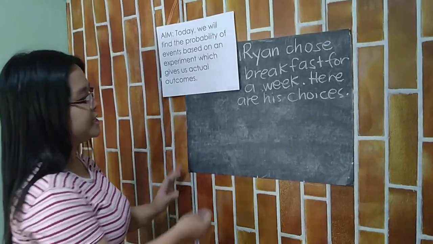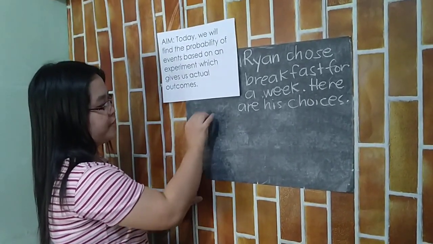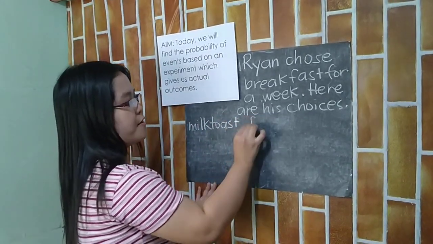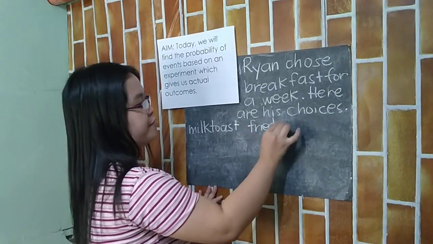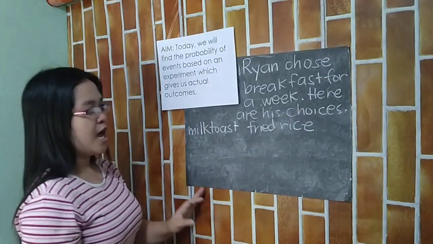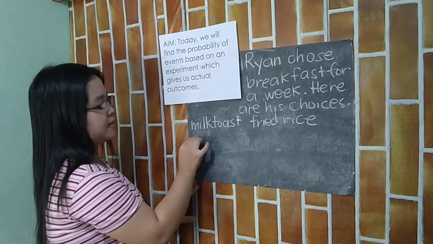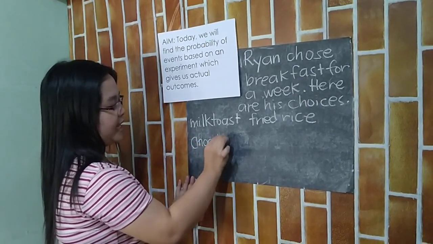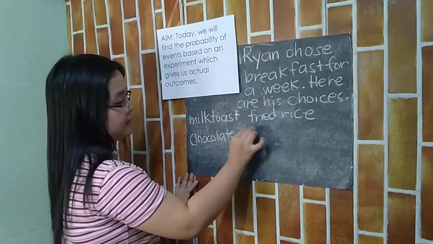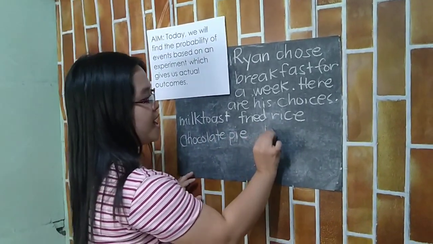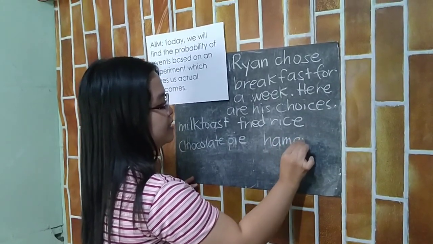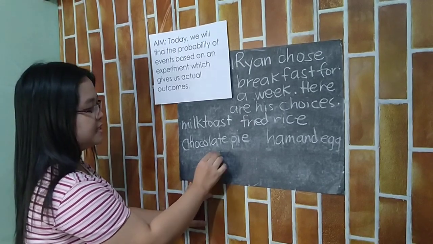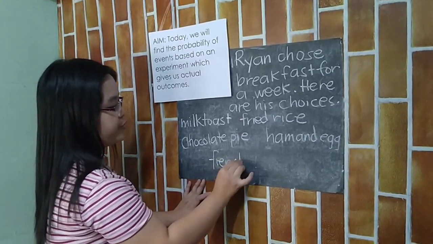So here are his choices: milk toast, fried rice, chocolate pie, ham and egg, and French bread.